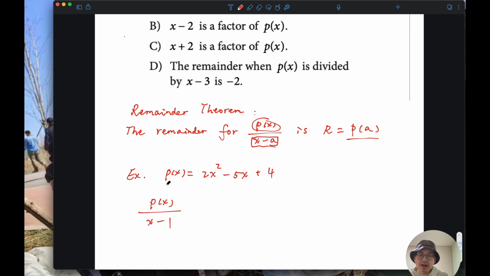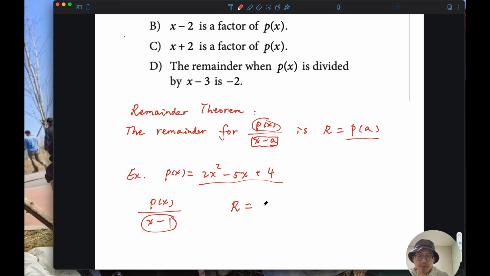For example, if I have p of x equals 2x squared minus 5x plus 4, and I want to find the remainder for p of x divided by x minus 1, based on the remainder theorem, what I'm going to do is let this linear expression equal 0, so I get x equals 1, and then plug x equals 1 into the polynomial.